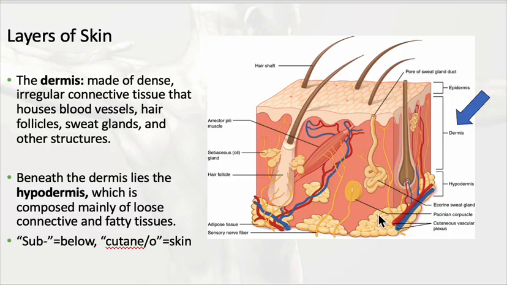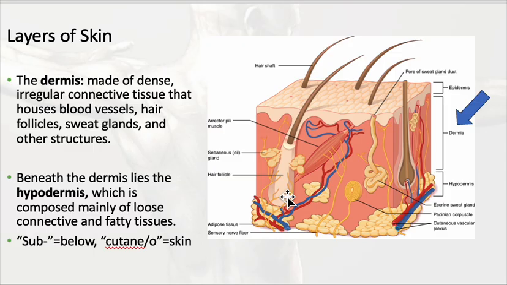So the dermis plays a very big role in that thermoregulatory process of the integumentary system, because blood vessels in the skin, as I mentioned, can dilate to release heat or narrow to conserve heat. Our sweat glands can produce sweat that cools the skin as it evaporates. So we have a lot of thermoregulatory processes here.